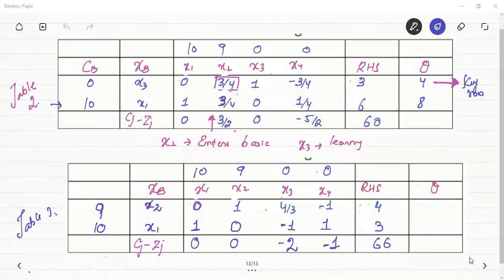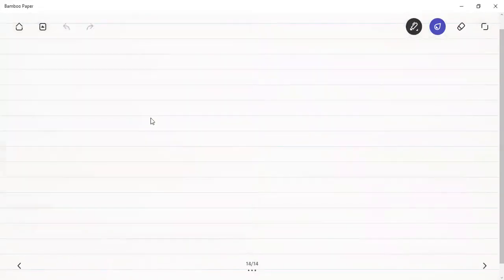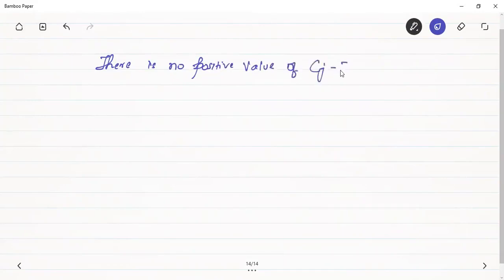बताइए, है कुछ positive value? No, sir. There is no positive value of Cj minus Zj under the basic variables.